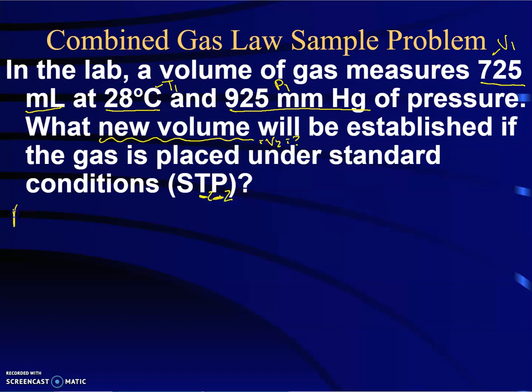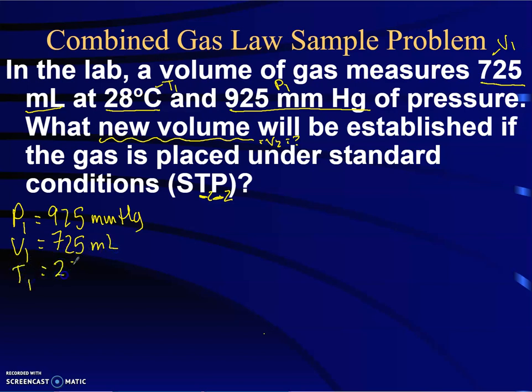So let's write it out. P1 is 925 mmHg. V1 is 725 milliliters.